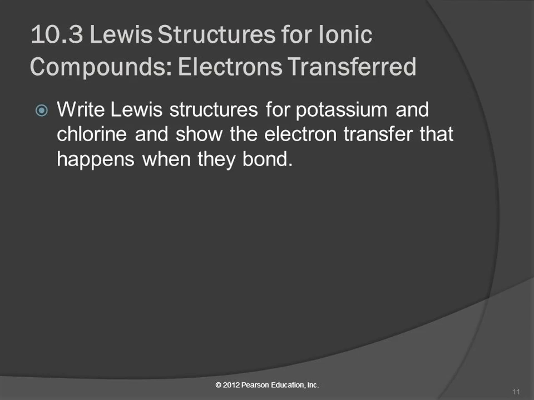So potassium is K. And how many valence electrons does potassium have? It just has one. Chlorine is Cl, and how many valence electrons? 7. So there we have the Lewis structures for the atoms, potassium and chlorine.